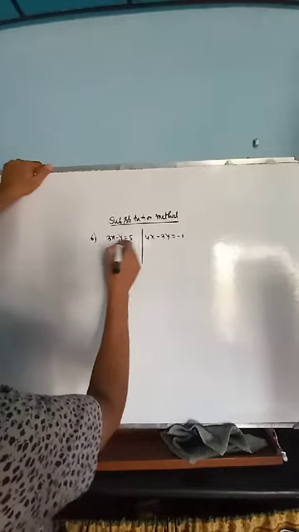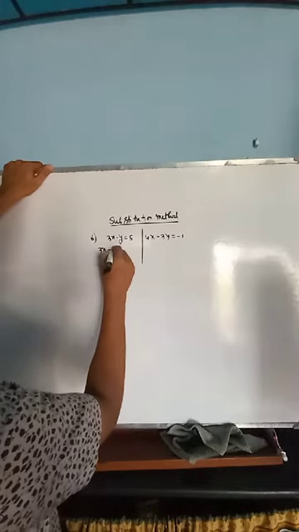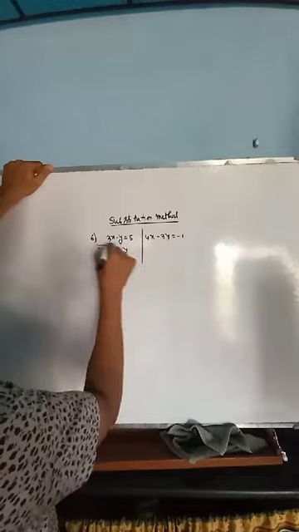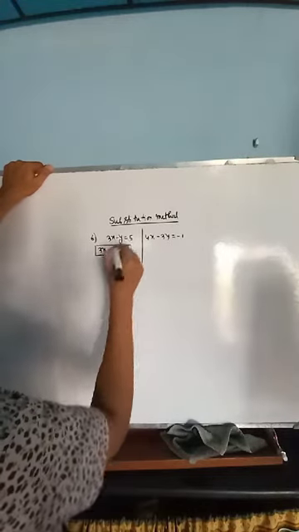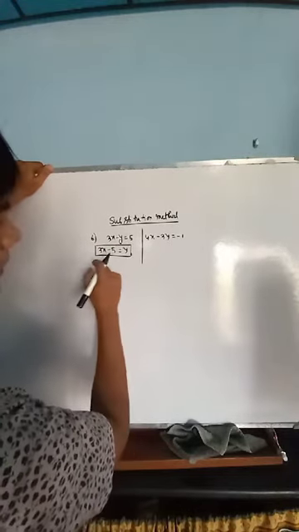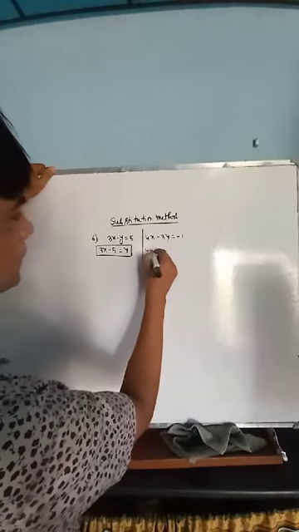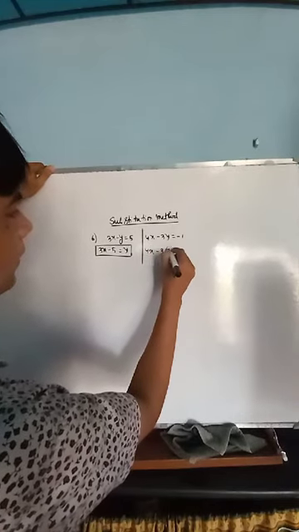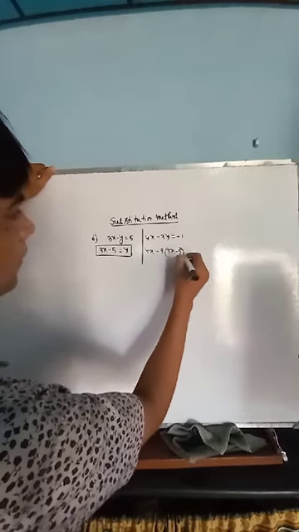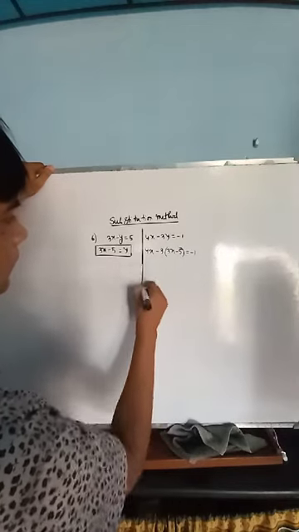Easy. Suppose I write 3x minus 5 is equal to y. In place of y you can put this, because minus y goes to the other side as plus y. So 4x minus 3 into y, that is 3x minus 5, is equal to minus 1.